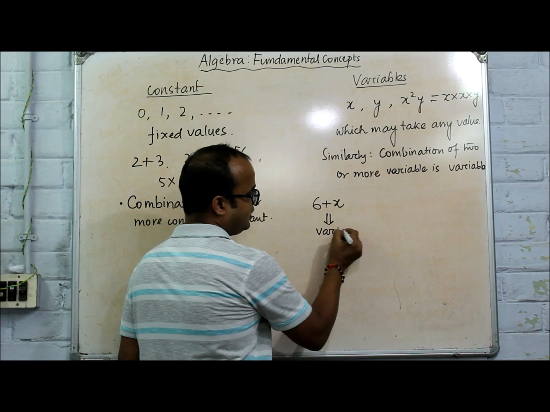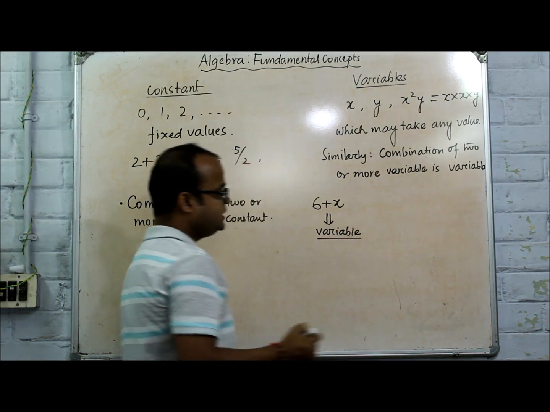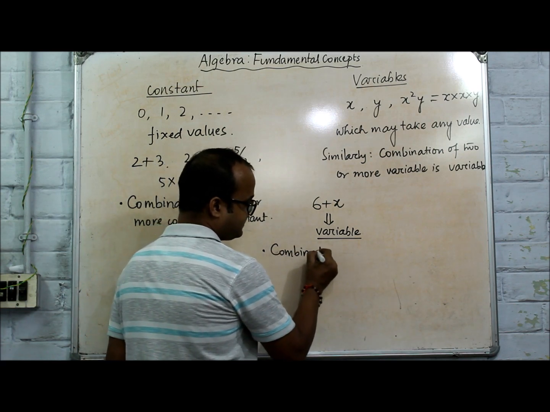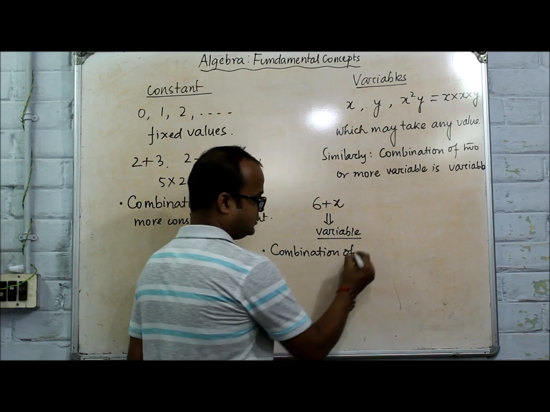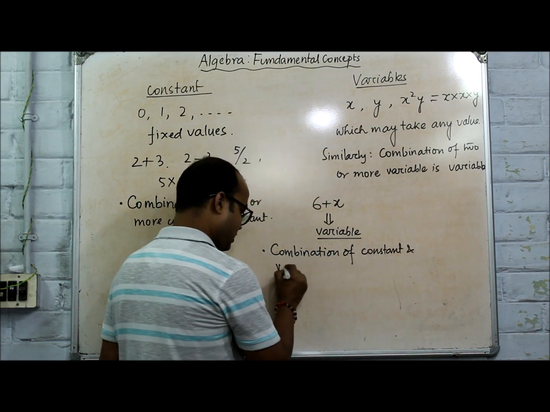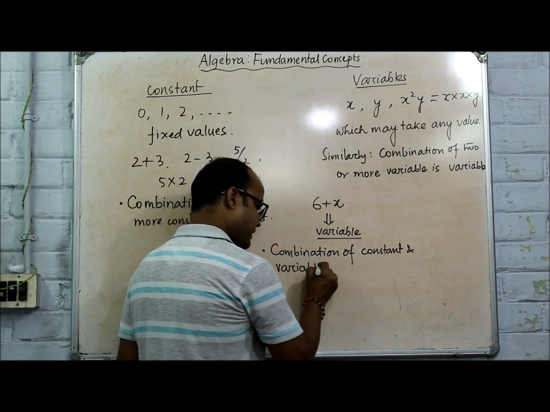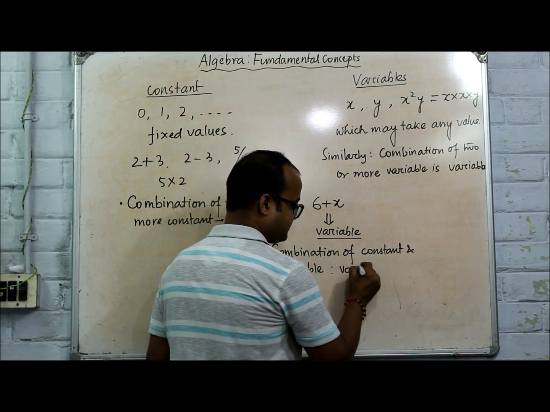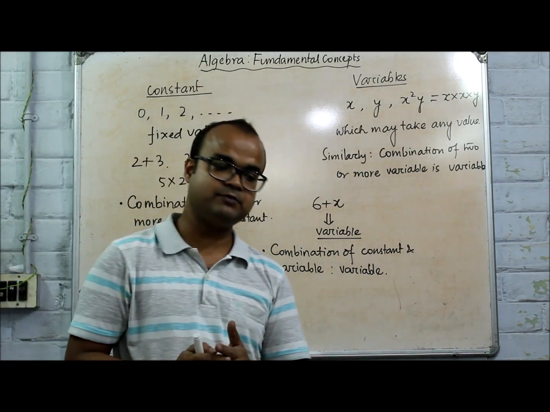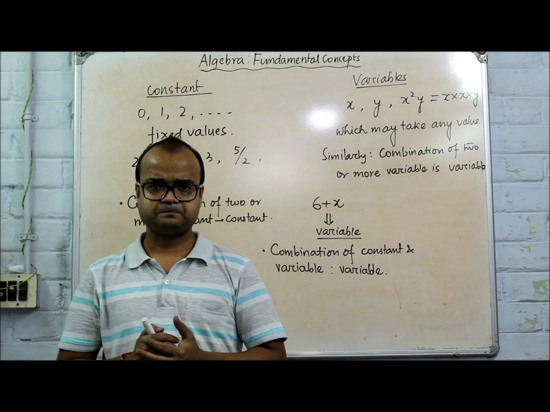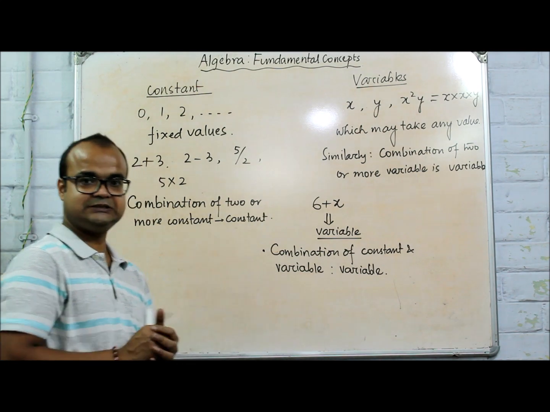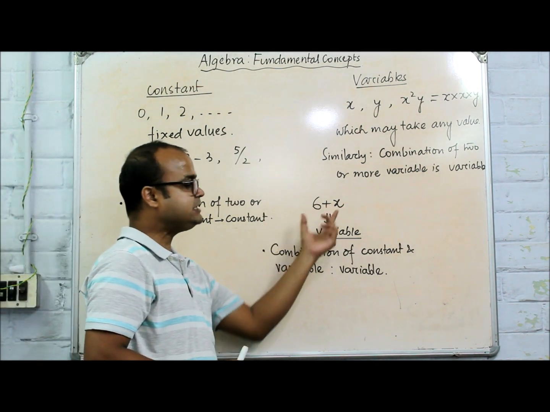So third point we will learn: combination of constant and variable is a variable. Now 6 plus x, we call it a term.